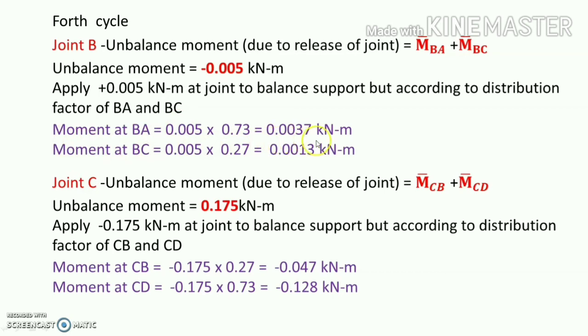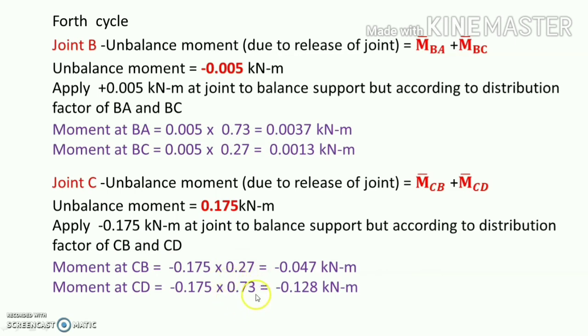So here we have to apply the minus because it's a plus, but according to the distribution factors of CB and CD, that is 0.27 and 0.73, the moment share by CB is minus 0.047 and the moment share by CD is minus 0.128.